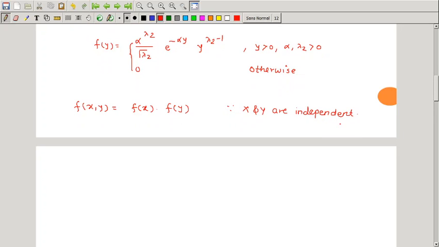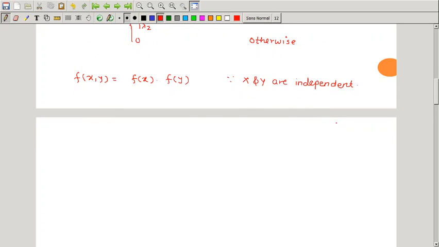So the joint density function is written as f of x, y is equal to alpha raised to lambda 1 upon gamma lambda 1, e raised to minus alpha x, x raised to lambda 1 minus 1, into alpha raised to lambda 2 upon gamma lambda 2, e raised to minus alpha y, y raised to lambda 2 minus 1.